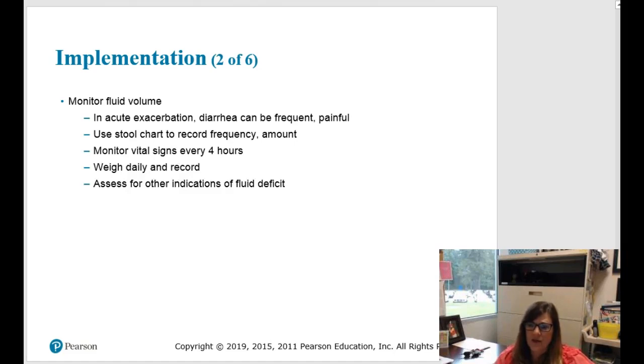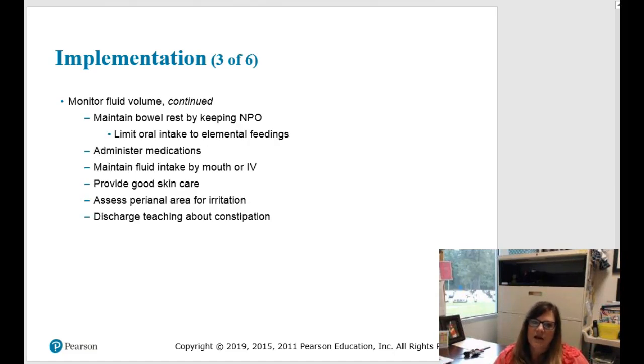So monitor fluid volume is really important, making sure that with this frequent diarrhea that we record how often it's happening, and also use a stool chart to talk about not just the amount and frequency, but also what it looks like. I mean, if it's diarrhea or it's soft stool or firm stool, and then daily weights and other fluid volume indicators.